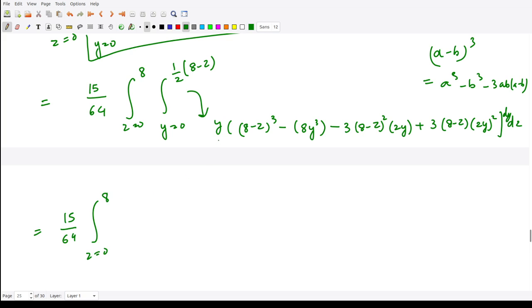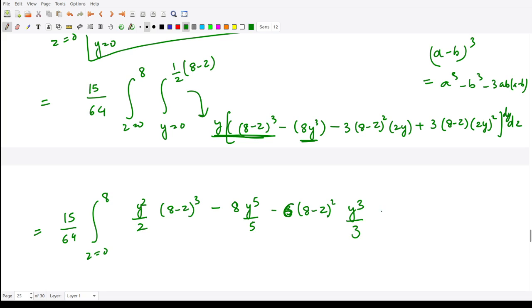And here when you perform this integration, for the first term it would be y square by 2 (8 minus z) cube as such, and then the integration would be minus 8 y to the power 4, because one y is here outside, so it would be y to the power 5 by 5, and then we have minus 3 (8 minus z) square as such, 2 as such, so we have 6, and z square, so it would be y cube by 3, and then plus 3 (8 minus z) and into 4, so we have 12 here, and y square into y, that is y cube.